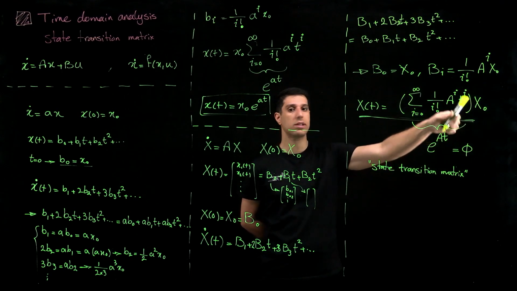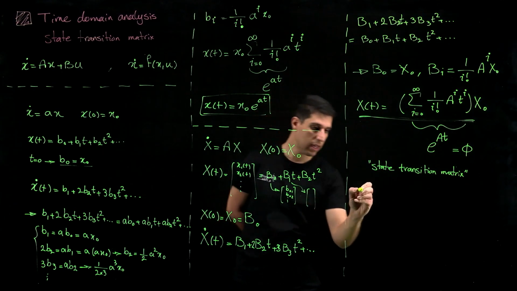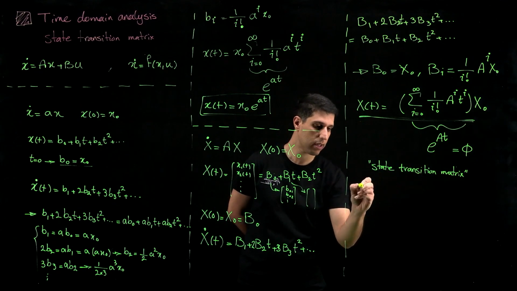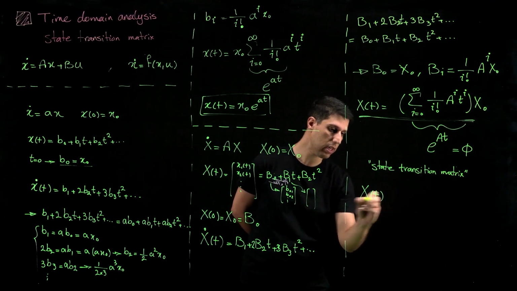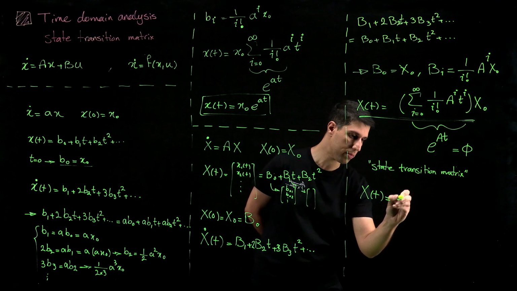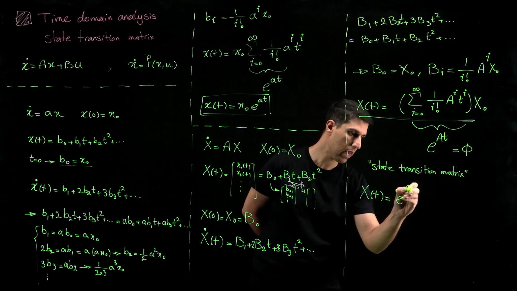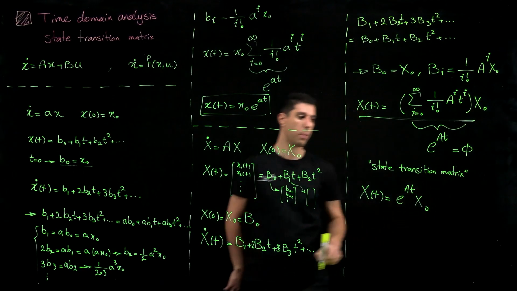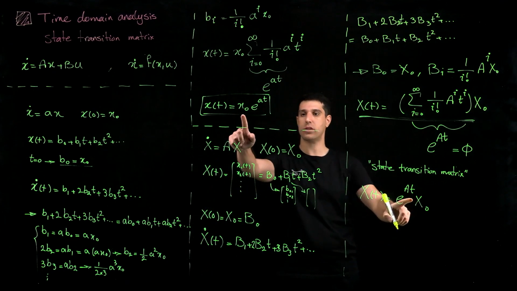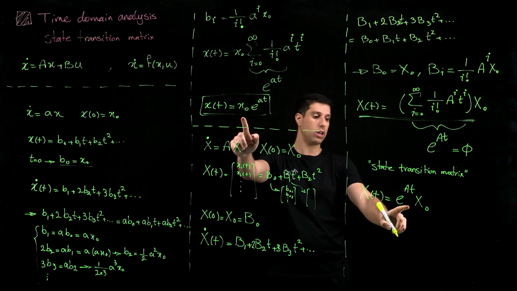which essentially is an infinite sum. So if you define that, then your x of t, your response, is going to be this e to the At x naught. Very similar form as we had here, just in matrix notation.